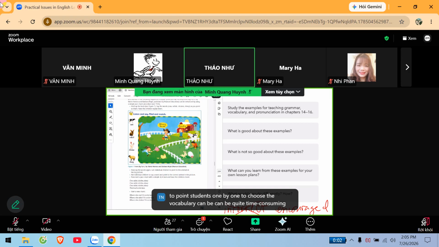And from this example, I can apply the following teaching method. I always introduce the new vocabulary using pictures or real objects like toys or animal toys before giving the explanation.